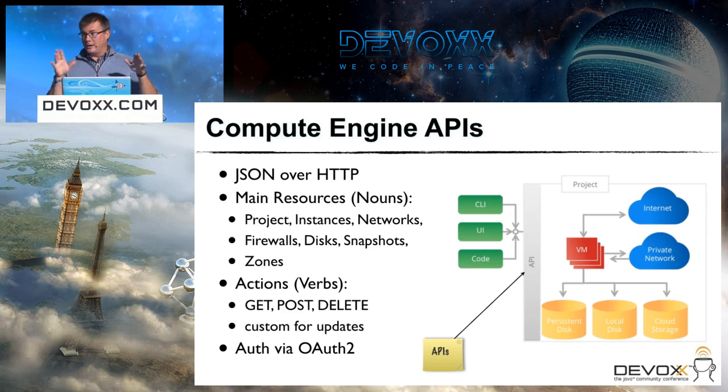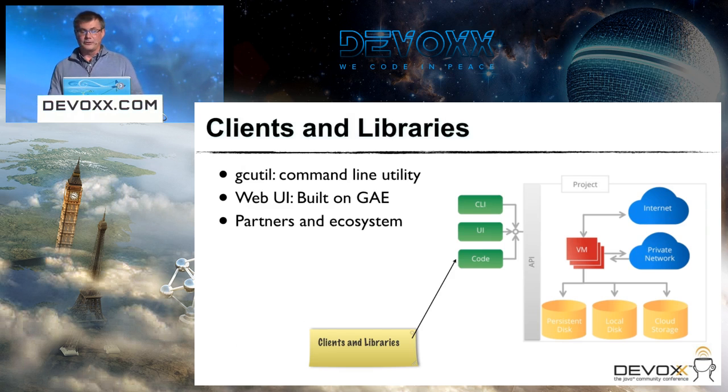Authentication is extremely simple. It might be quite complicated to configure OAuth correctly, but with what we are providing in utilities, once you create a VM, you can automatically log in, and we'll see that in a demo. So we have different clients. We offer one command line utility called GCUtil, for Google Compute Utility.